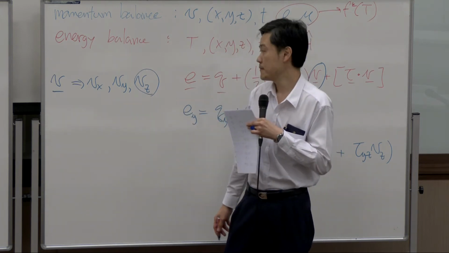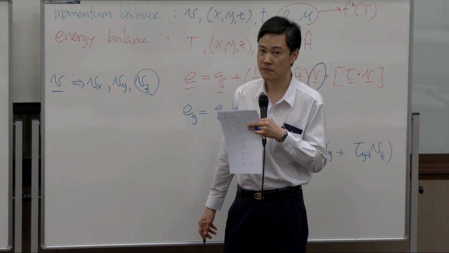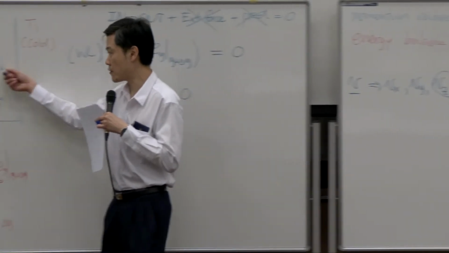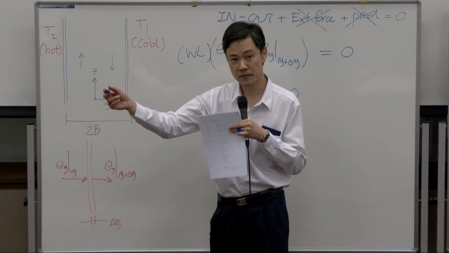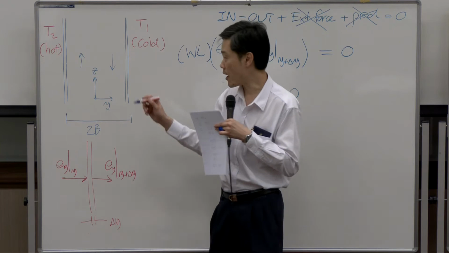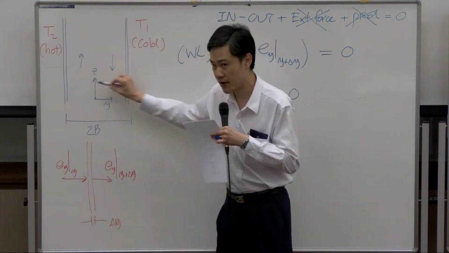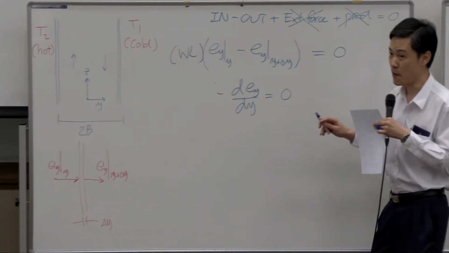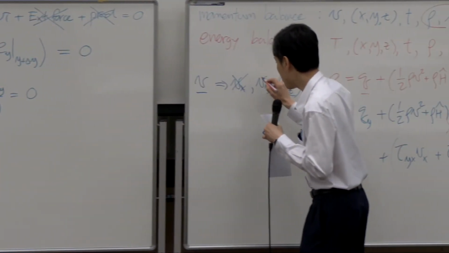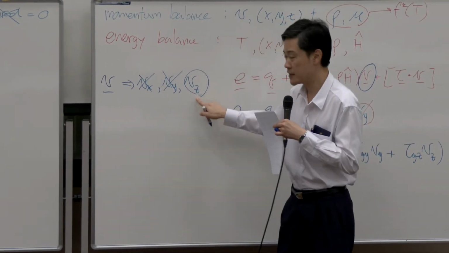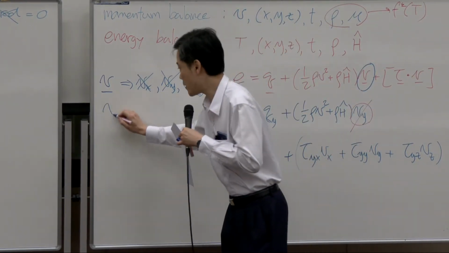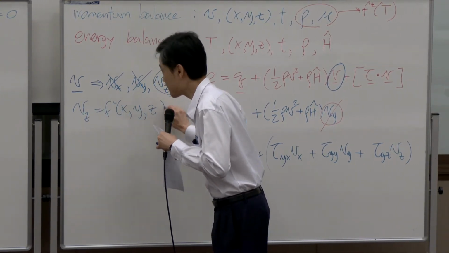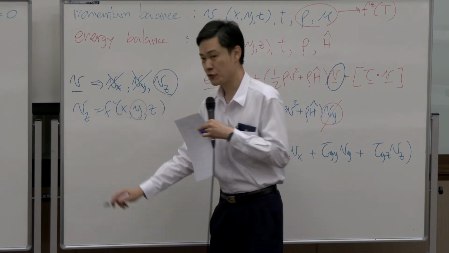Okay? Is Vx 0? If there is a Vx, then there must be velocity component in this direction. If there's Vy, there will be velocity component in this direction. Is there any? No. So Vx is 0, Vy is 0. There's a Vz only, and Vz itself supposed to be a function of y for sure, right?